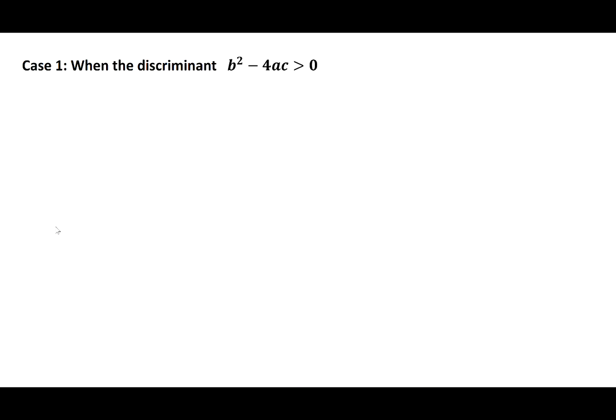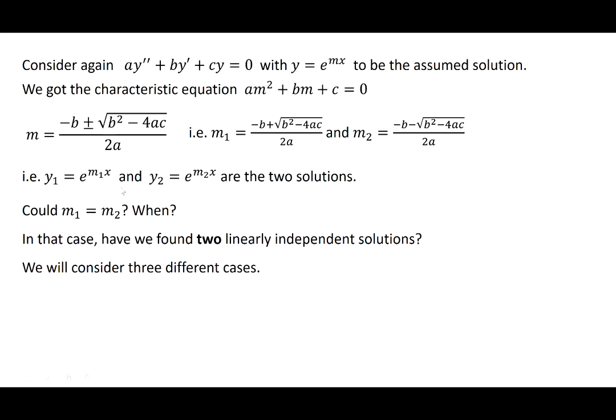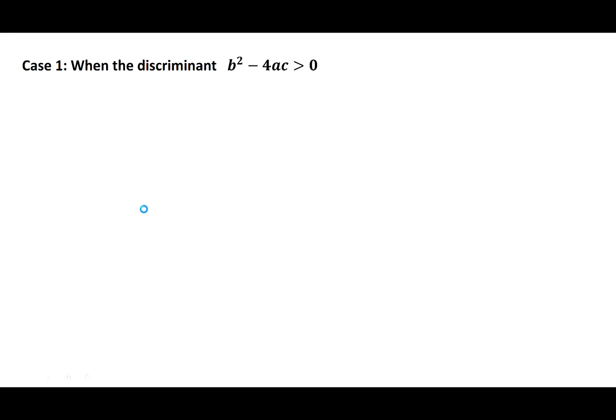The first case is when the discriminant, that b square minus 4ac stuff in the square root, is greater than 0.